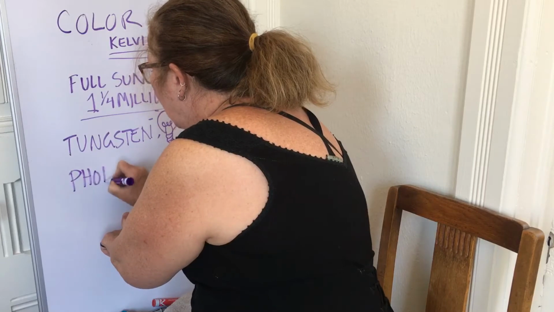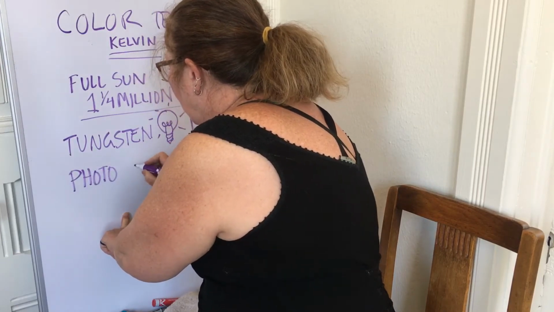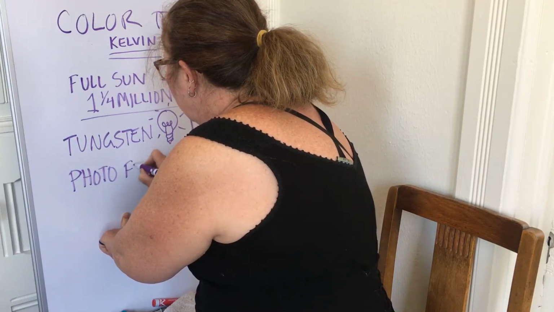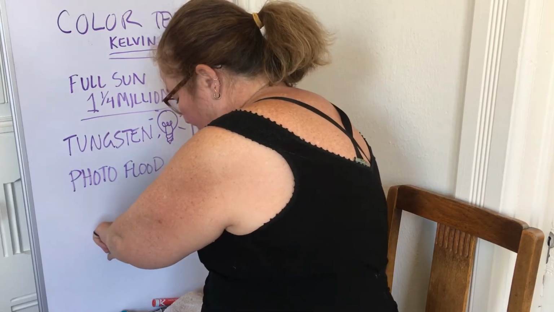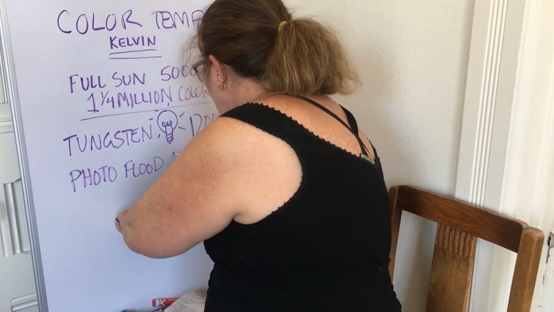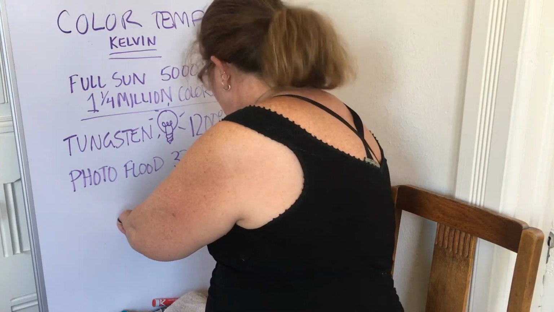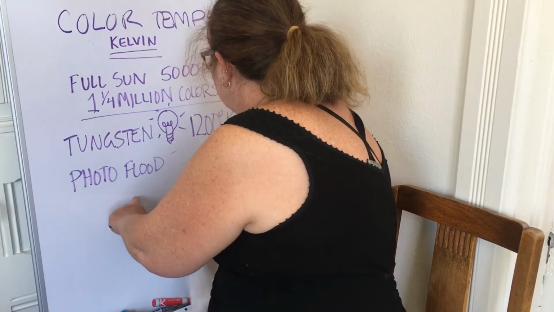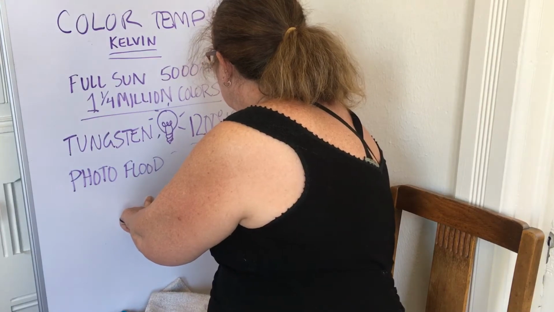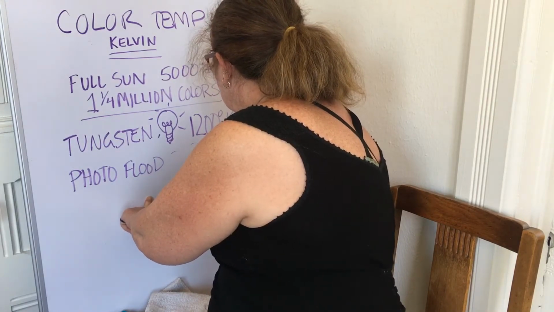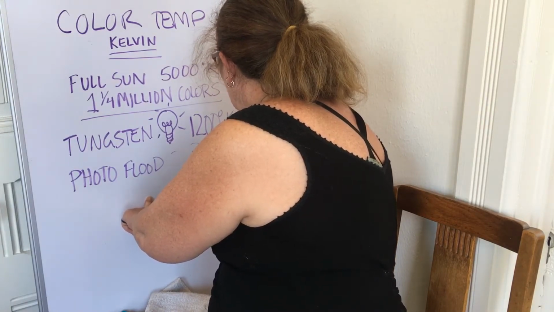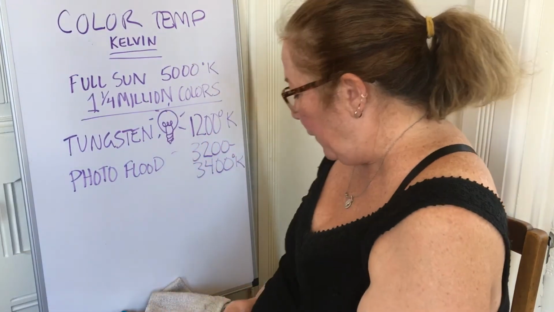So if we were using like an external floodlight, a photo flood is usually like 32 to 3,400. Let me rewrite that. Degrees Kelvin. So that'd be a photo flood.